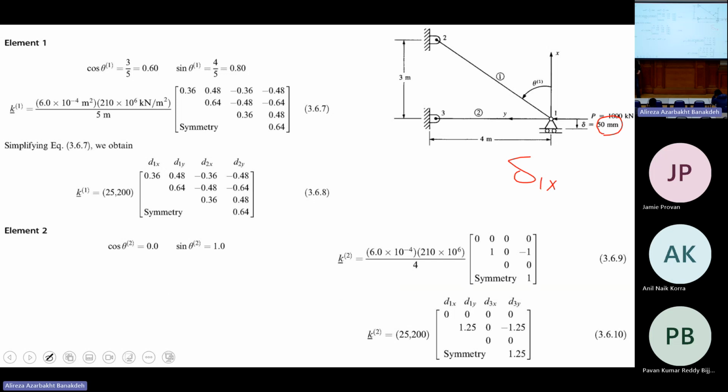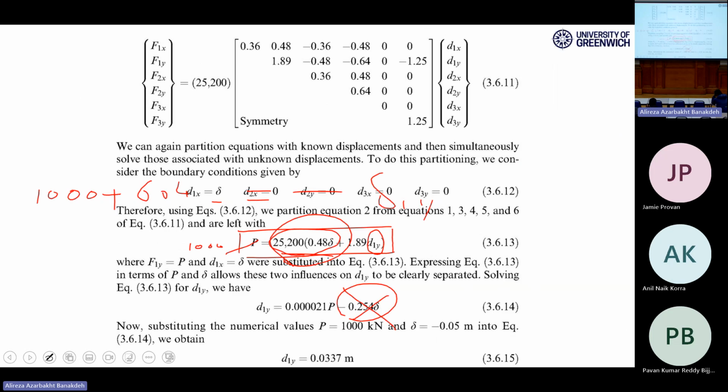But if you had the settlement upward, it would be vice versa. It would resist whatever you're doing to push point number 1 to the left-hand side. If you had the settlement upward, the result was 1,000 minus 604, which means they are not working together. They are compensating each other.